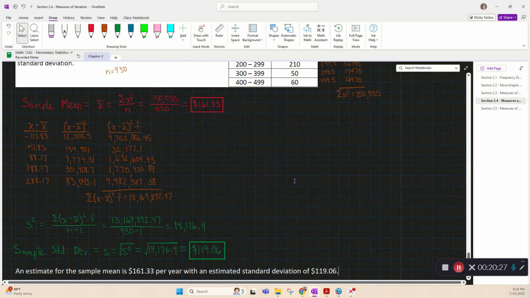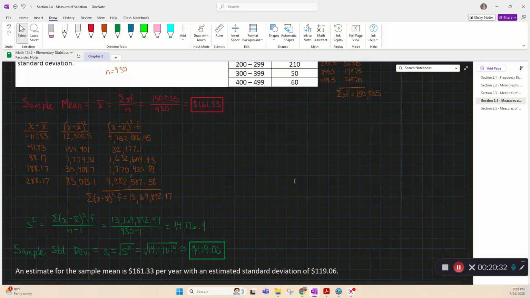Okay, so there is our grouped mean with a grouped variance and a grouped standard deviation. We survived it. Praise the Lord.